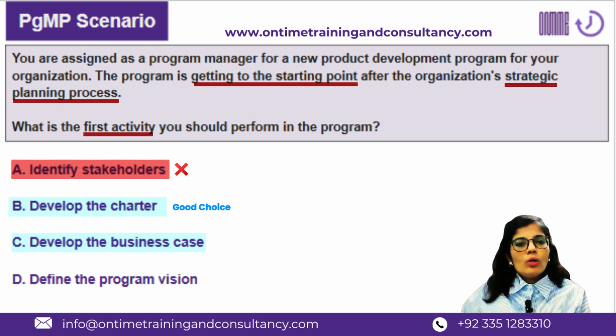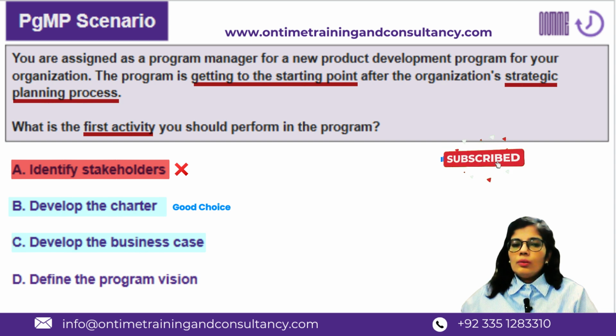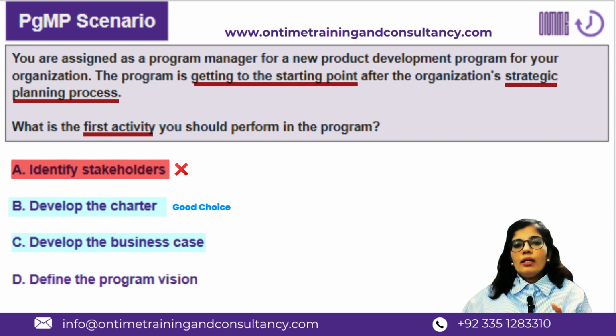Option C is also not a choice in this case. Why? Because this program is already selected as a result of the organization's strategic planning exercise. Business case, although it is also a living document and an open document throughout the life cycle of the program, if it is being considered for choosing a program in the organization or for getting a go or green signal regarding the financials and all, then that part has been done, and it's clearly stated in the scenario.